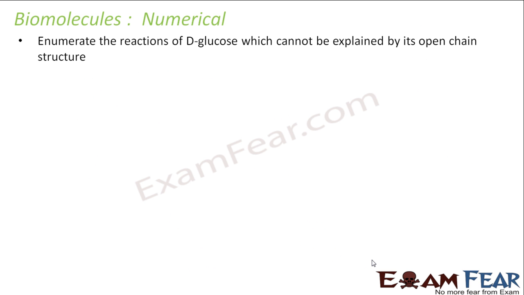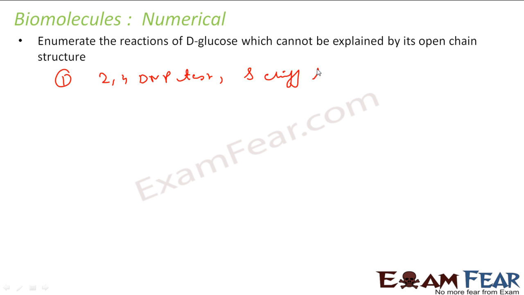We have to give the reactions of D-glucose which cannot be explained by its open structure. First, glucose does not give the 2,4-DNP test or Schiff's test. These two tests are for a free aldehyde. But it doesn't give them, that means the free aldehyde is not there.